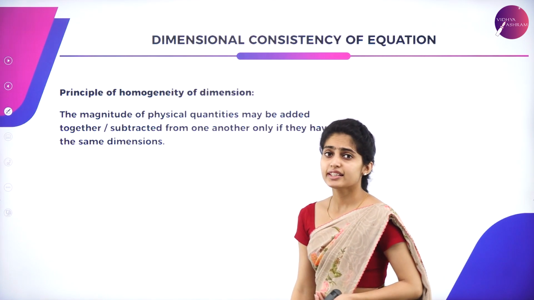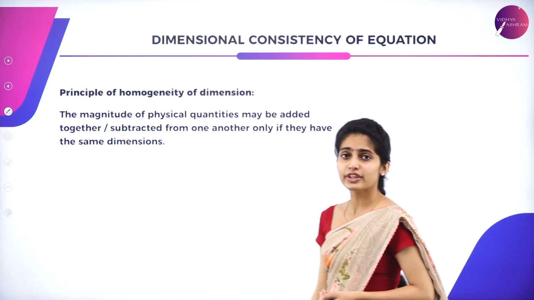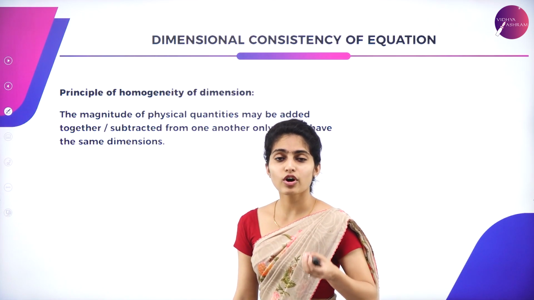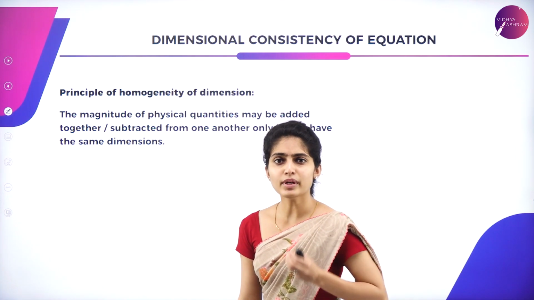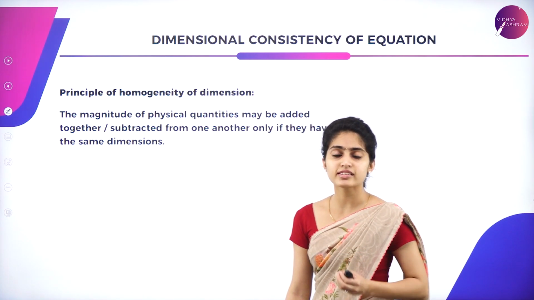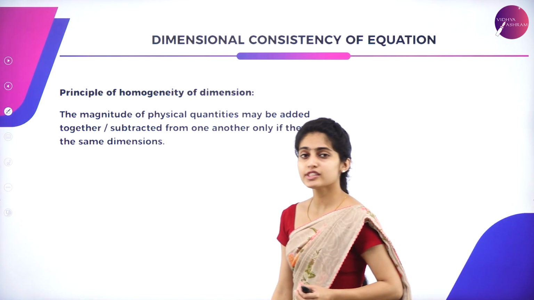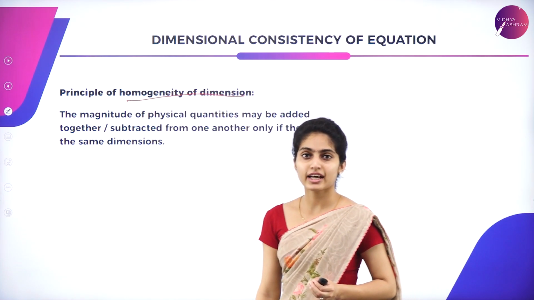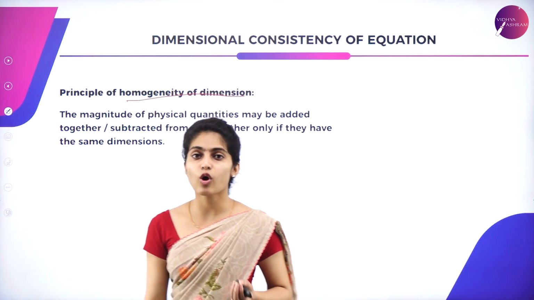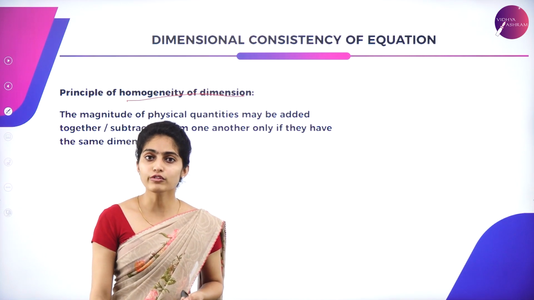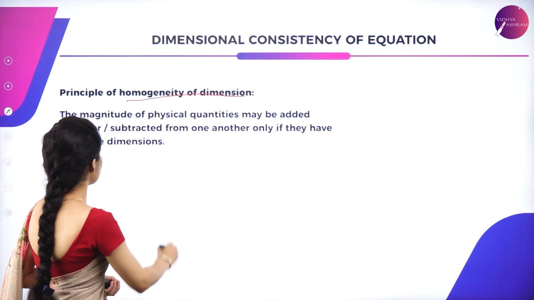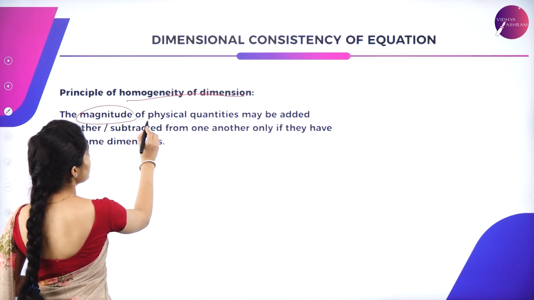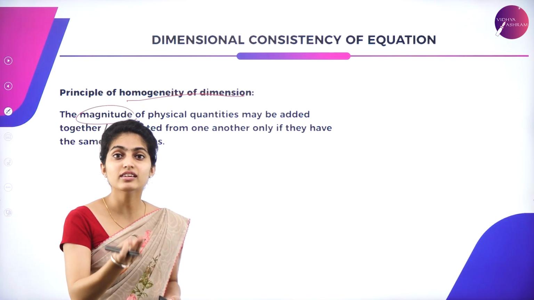So next is dimensional consistency of equation. So we have got a simple principle to explain this consistency of equation. That principle is known as principle of homogeneity of dimensions. Here the magnitude, that is the number, magnitude means it is the number.